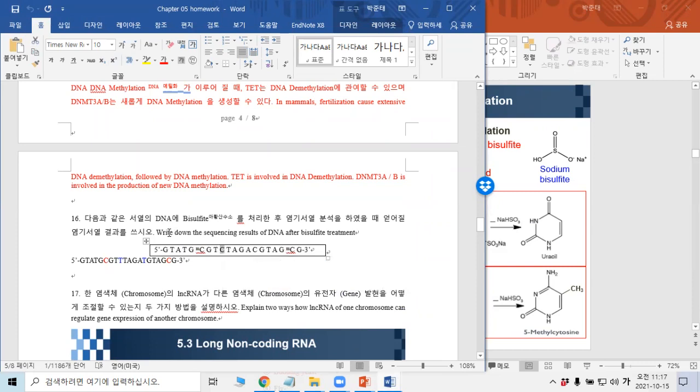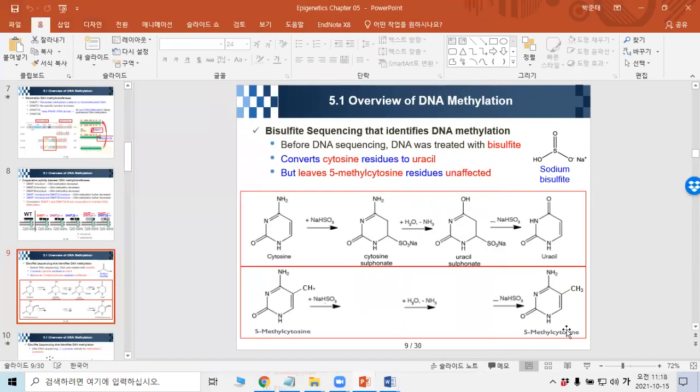Write down the sequencing result of the DNA after bisulfite treatment. After bisulfite treatment, methylated cytosine still stays cytosine. However, a cytosine without methylation will be read as thymine. So this is the example.